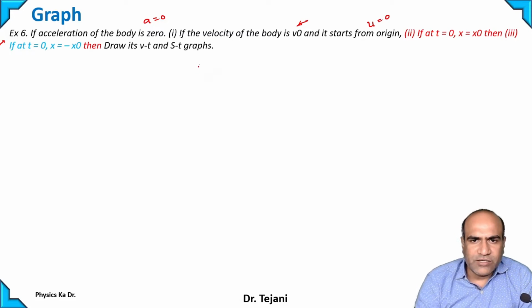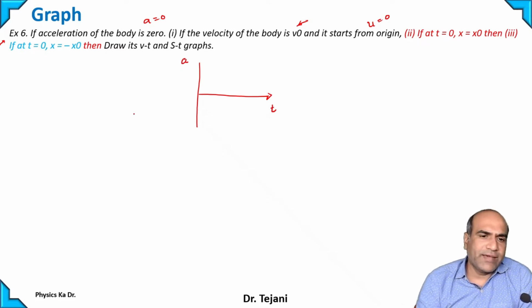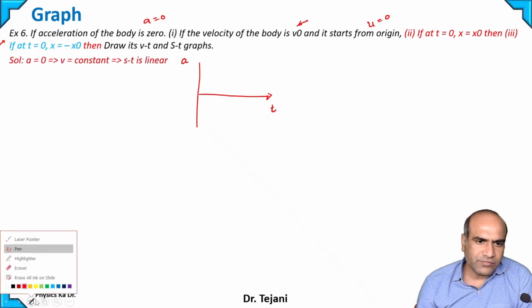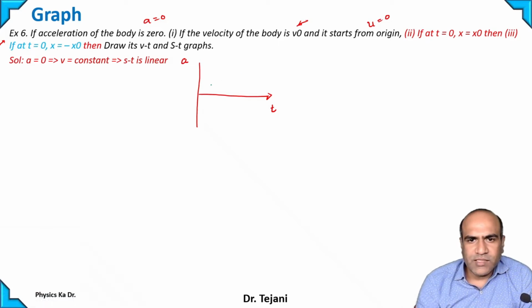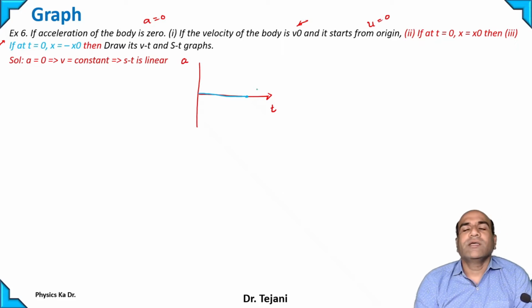We know that for the acceleration versus time graph, this is the time axis, this is the acceleration axis. If acceleration is equal to 0, the acceleration graph is like that.